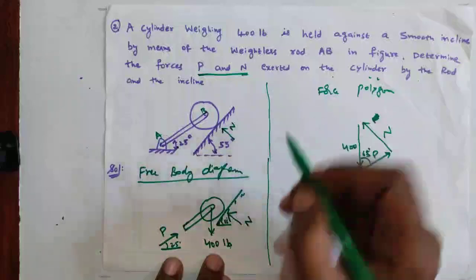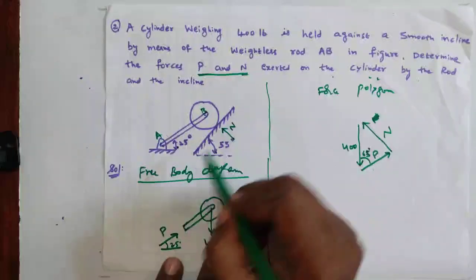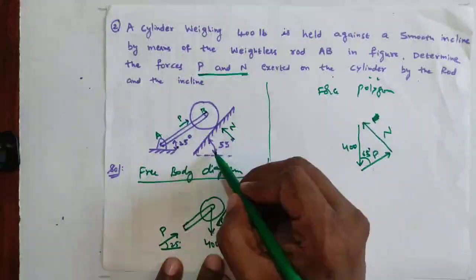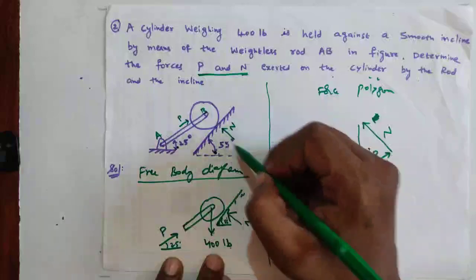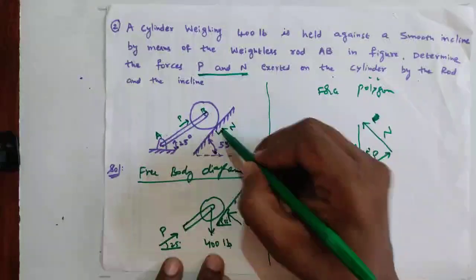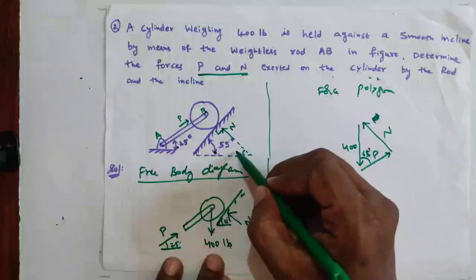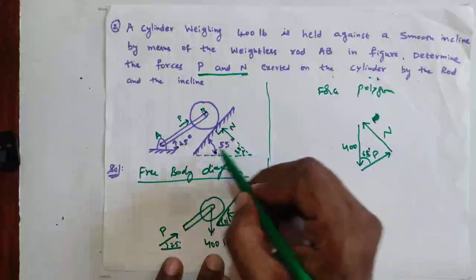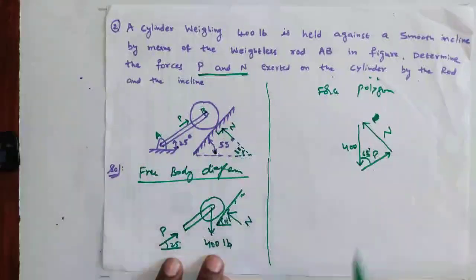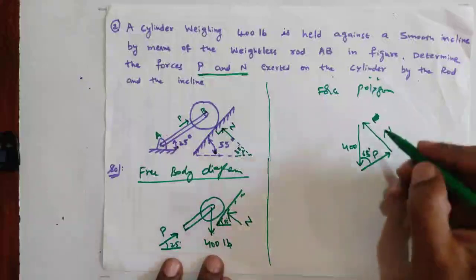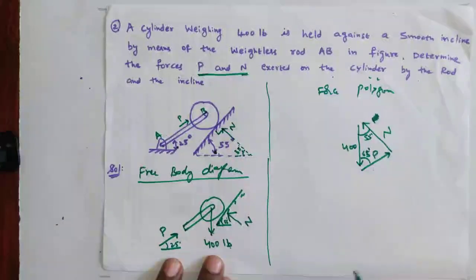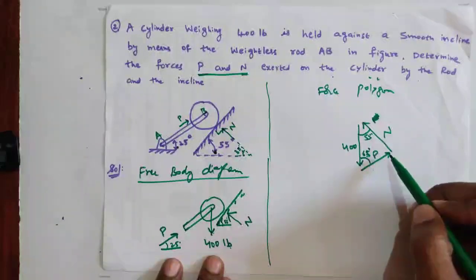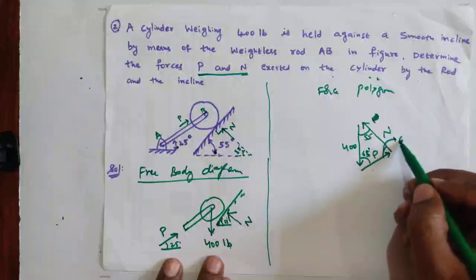This is the normal force, and now we need to find normal and P. Here 55 is there, this will be 90, this will be 35 degrees. So this angle will also be 55 degrees. Similarly, P and N form a triangle. If one is 55, one is 65, the other angle will be 60. This will be 60 degrees.